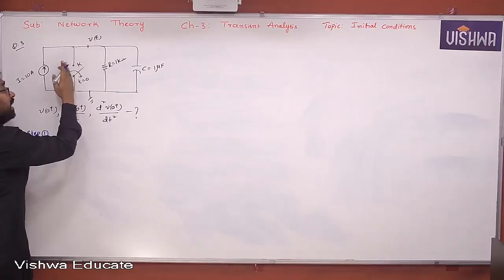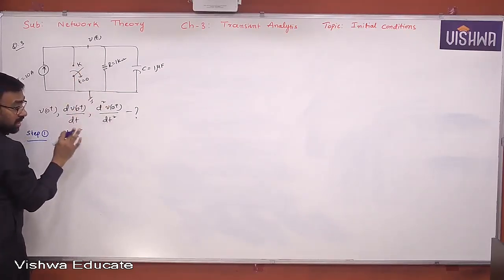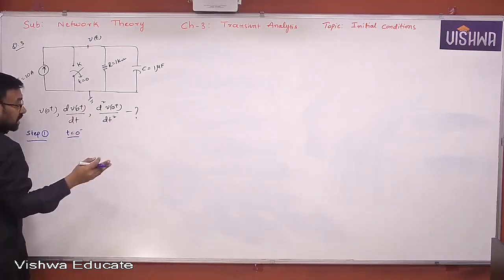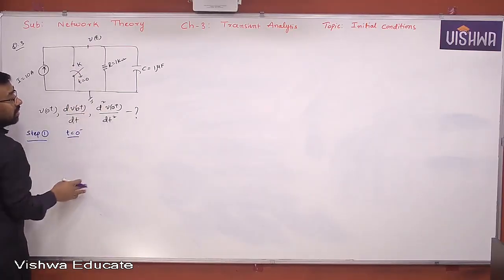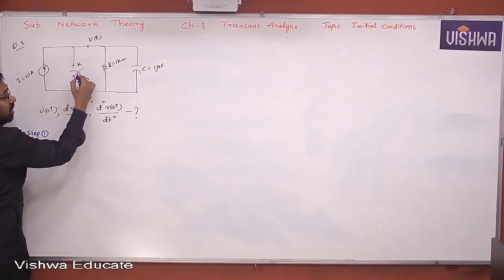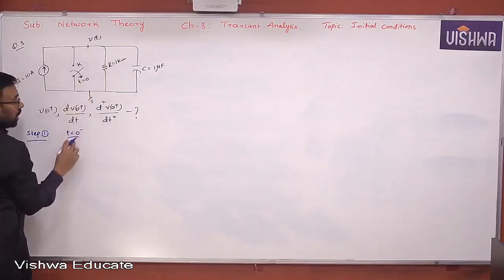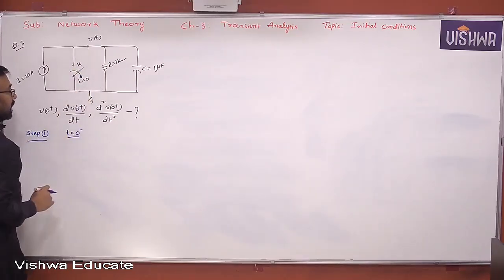Initially closed, at t equal to 0, it is open. Whenever these kinds of networks are given, your concentration must be on the switching operation, how it is actually operated. Initially, it is closed. Now, you are opening the switch at t equal to 0. So t equal to 0 minus, obviously, in this particular problem, it is in closed condition. Yes or no, all of you?